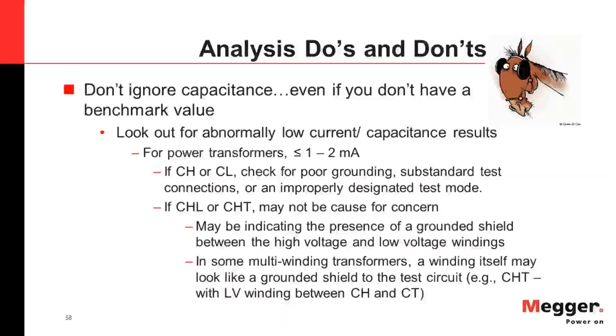But do be reassured that there are well-developed suggestions for why capacitance may have changed from a previous value, such as given in the table shown here, which documents all the possible reasons for change in CL capacitance. This is an excerpt from Megger's TLM bulletin about power factor and capacitance tests that I'll provide details about at the end of the presentation.